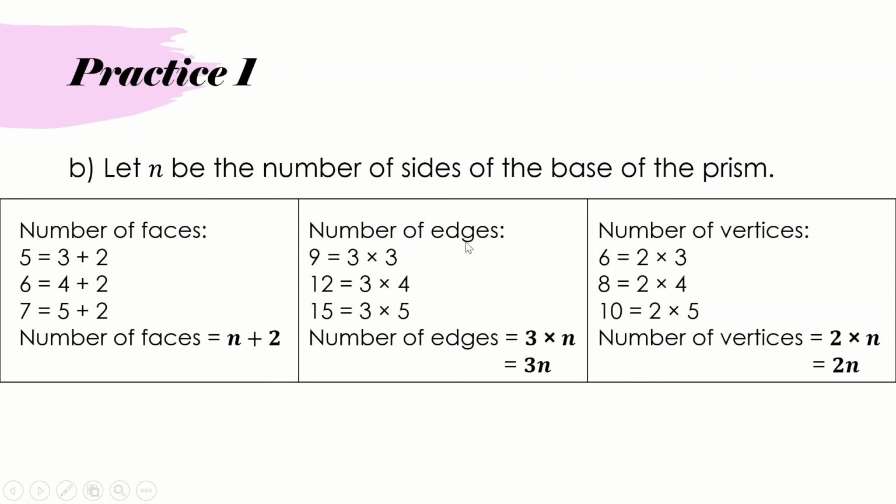To find number of edges, look at the pattern: 9 equals 3 times 3, 12 equals 3 times 4, and 15 equals 3 times 5. So number of edges will be 3 times n, 3n. And lastly, looking at the pattern here, number of vertices will be 2 times n, 2n.